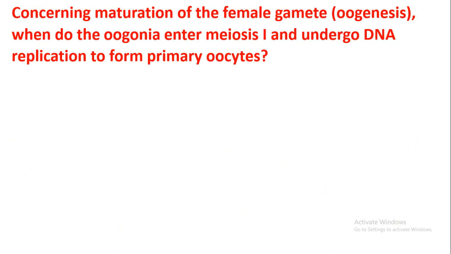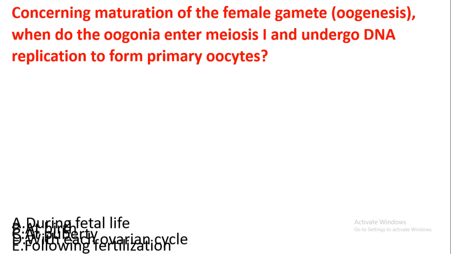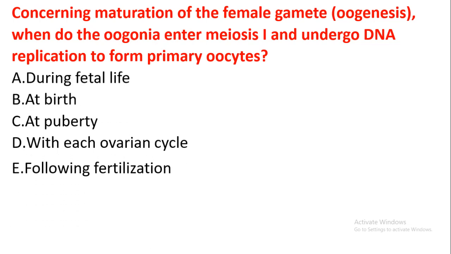Concerning maturation of the female gamete, when do the oogonia enter meiosis 1 and undergo DNA replication to form primary oocytes? This process normally takes place during fetal life. Remember, the primary oocyte needs to be formed by month 5 of fetal life.